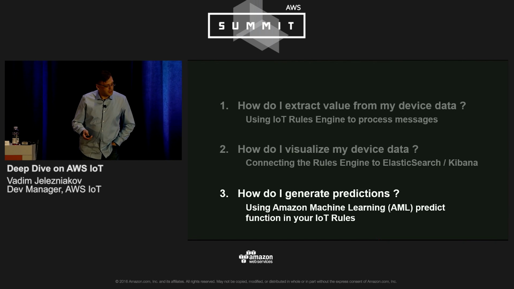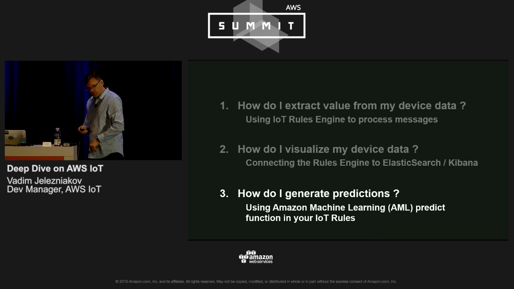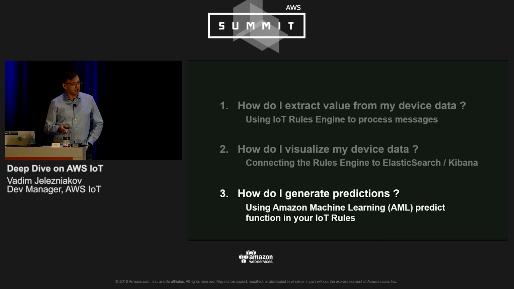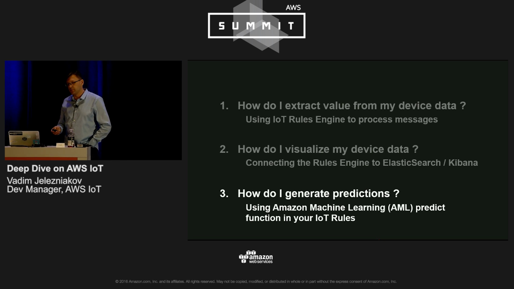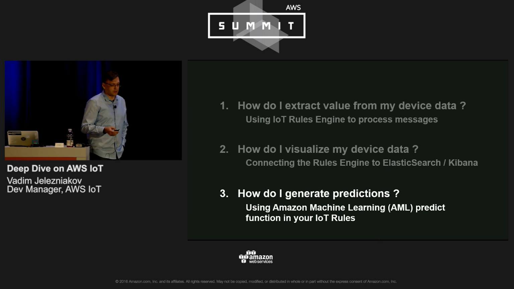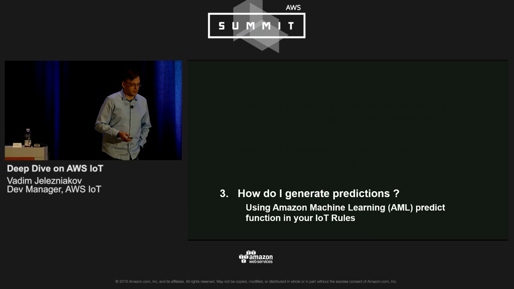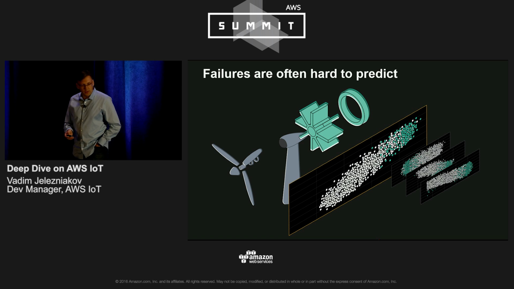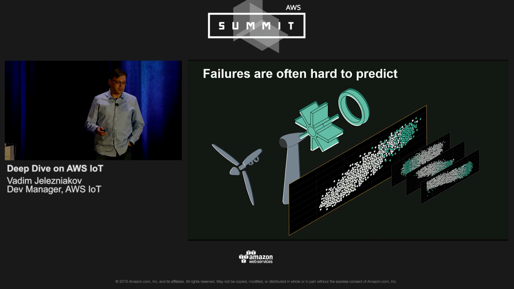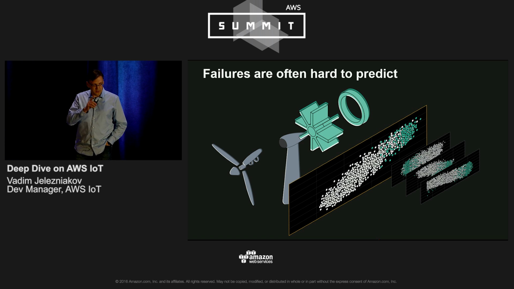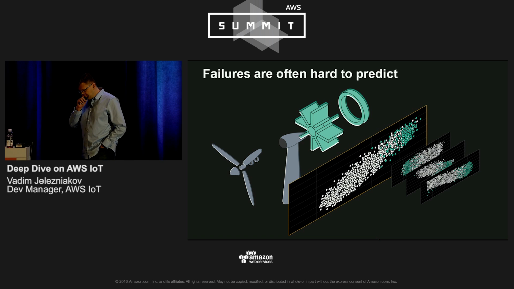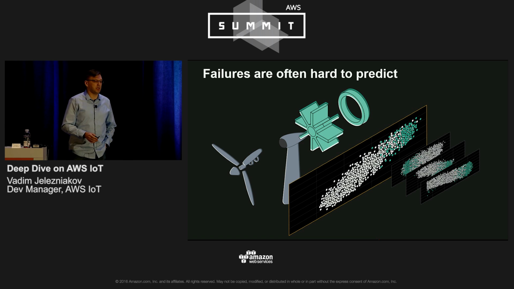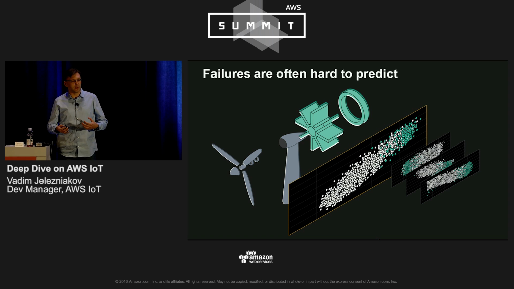All right, now the third question that I wanted to address today is, how do we generate predictions based on Amazon Machine Learning? For this particular example, to illustrate this capability, we're going to use a simulated data set that we generated with the assumption that we have a device that has some wear and is going to fail at some point.